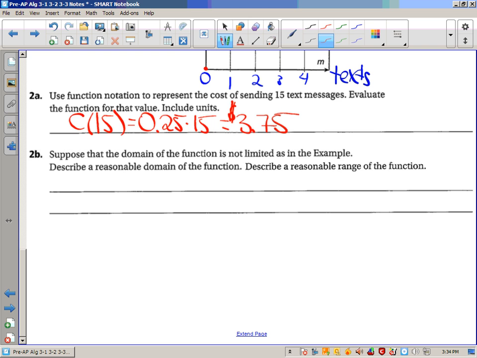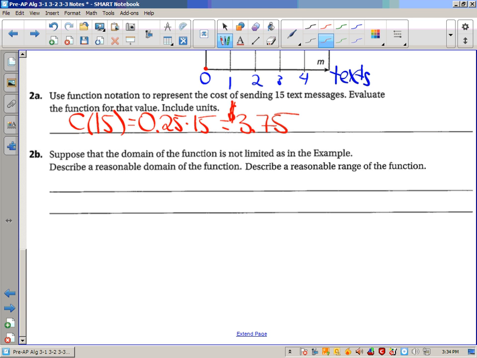Now suppose we don't limit our domain, our independent variables, to 4 texts. Most people nowadays send quite a few texts in a day, especially you teenagers in high school, who send lots and lots of texts. So it's good that most plans don't charge per text, but have unlimited texting. So for the reasonable domain of this function, obviously there's a set number of text messages that one person can send.